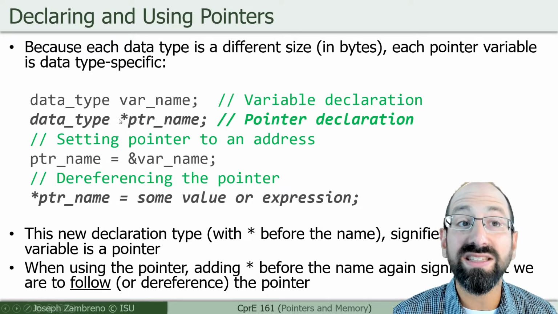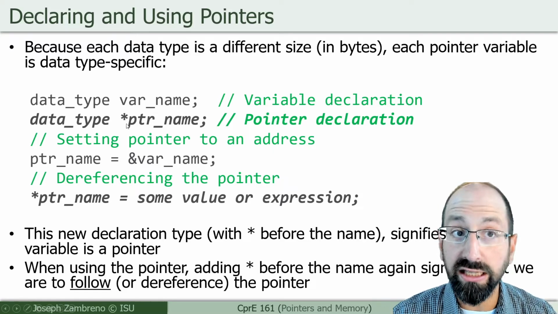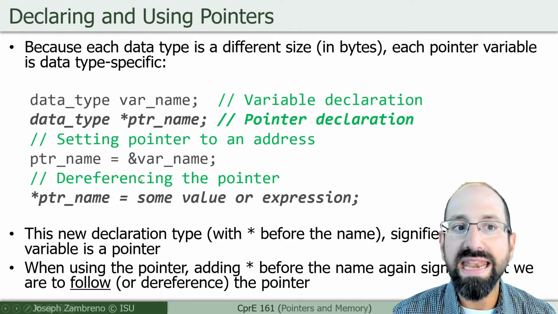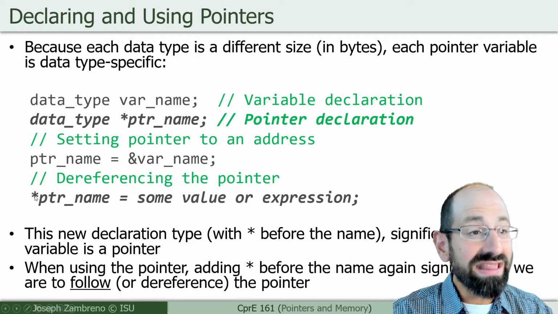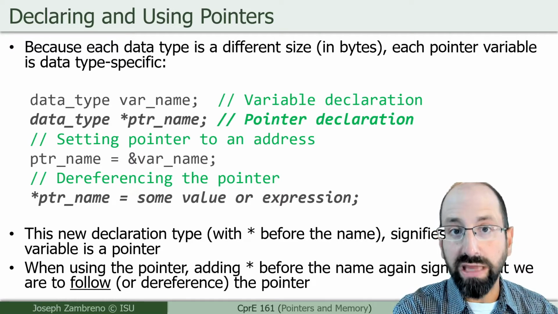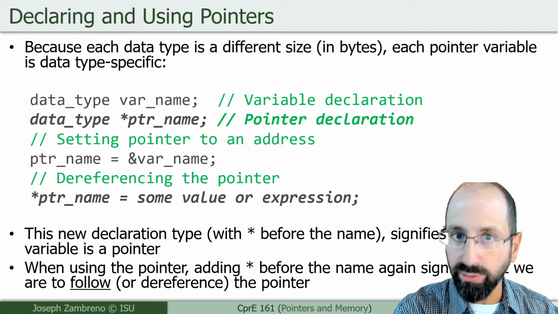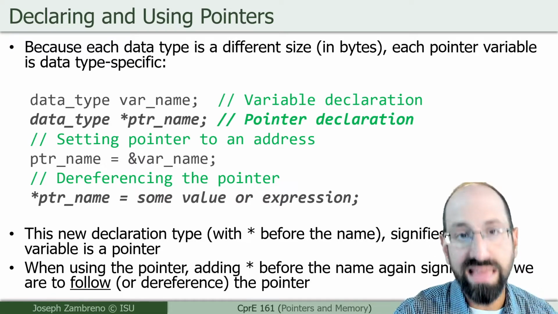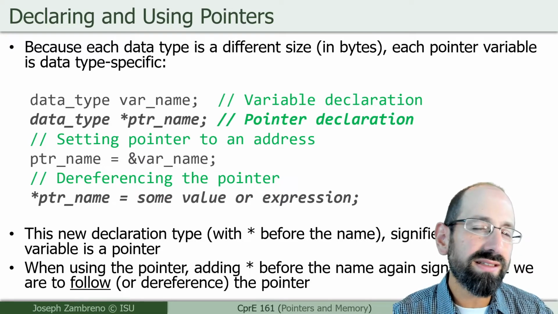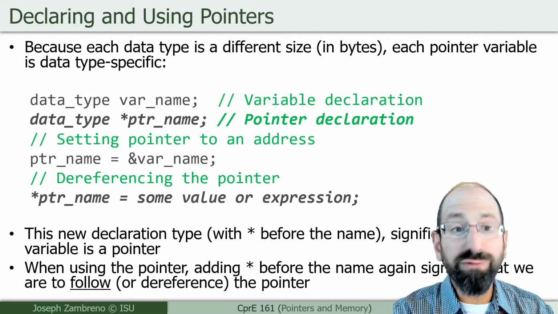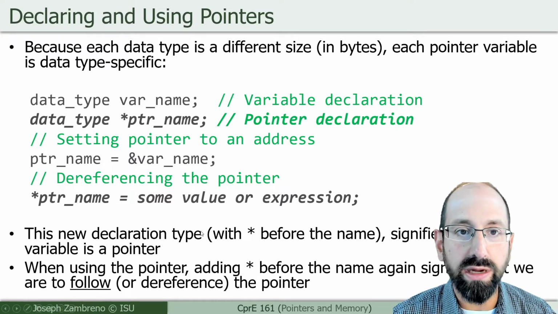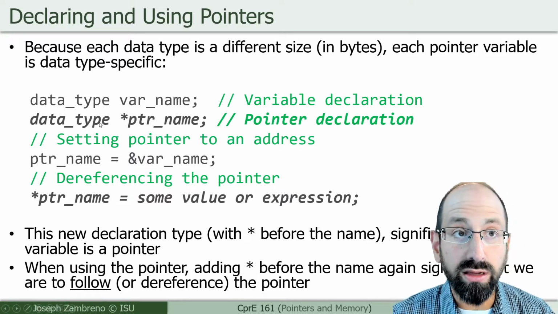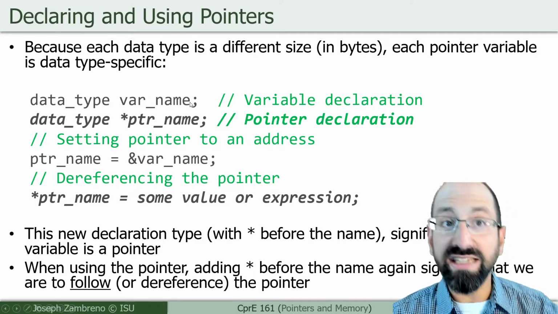So we use that star syntax to declare that a variable is a pointer. Now when we want to actually get the location and use that location in memory, to read, modify, or write it, we use that star syntax again. That is dereferencing, kind of an ugly term, following the pointer. So in this example, we've declared a regular int variable.